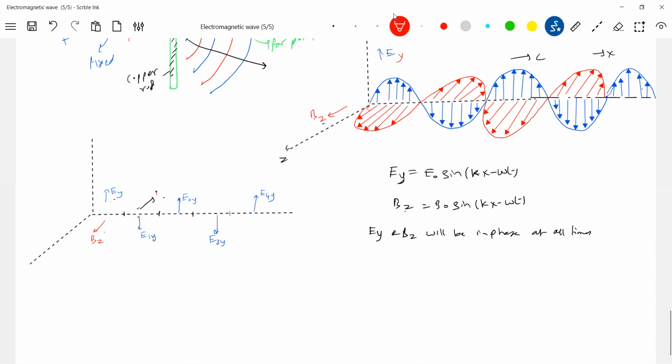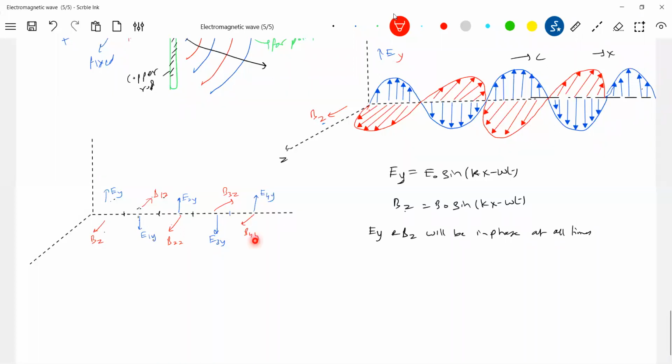BZ, so this will be B1Z, parallel to that axis, B2Z.